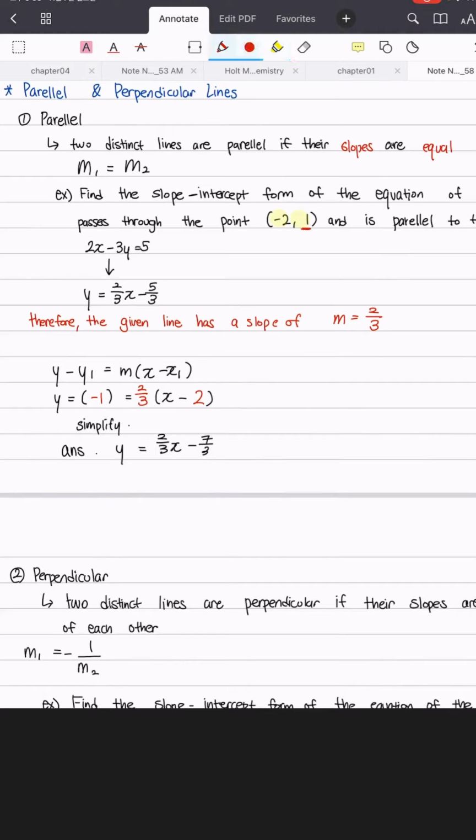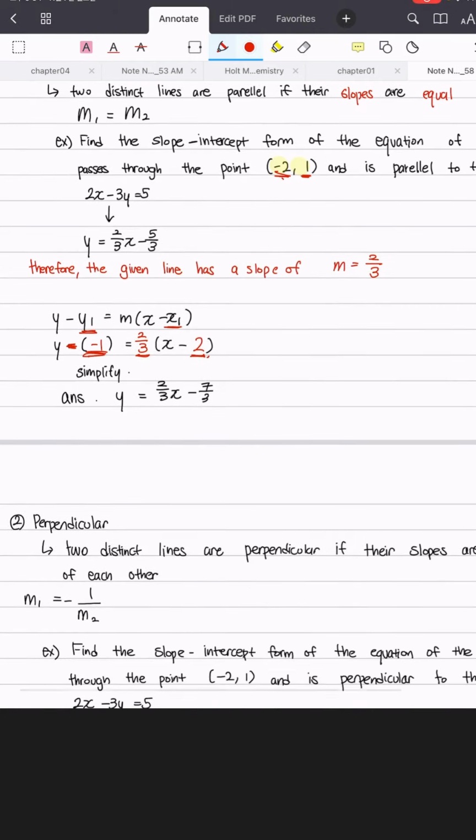So we put 1 as y1 right here, and we subtract, and we put a 2 for x1 right from here, and then we put 2/3, which is the slope that we just found. Now if we simplify, the answer becomes y equals 2/3x minus 7/3, which is the answer of the problem.